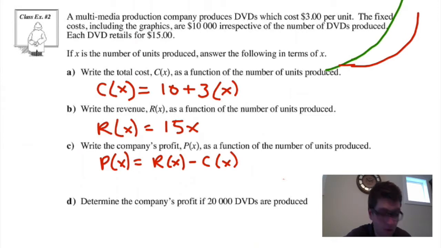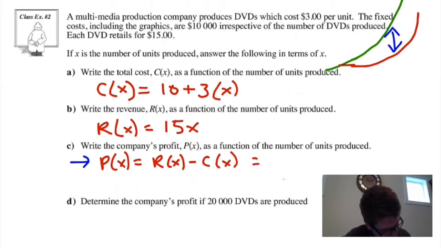We call this a break even cost, and then we look for the differential between these two values here, and it really is this composition of functions where P of X is the revenue minus the cost, and this is right in Microeconomics 101 that some of you will see next year.